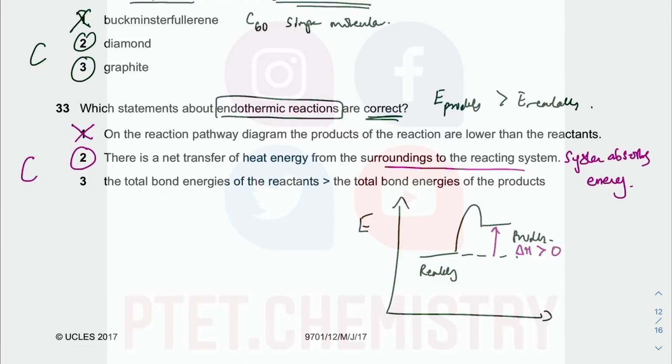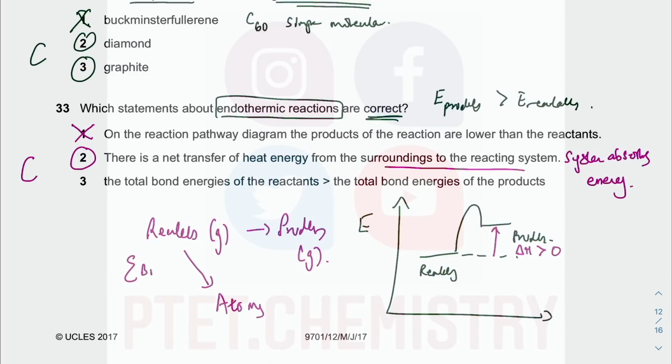And we know the total bond energy of the reactants is greater than the total bond energy of the products, because when we talk about reactants in the gaseous state going to products in the gaseous state, we can talk about their atoms. When we break all the bonds, this is the bond energy of the reactant, and then this is the bond energy of the product.